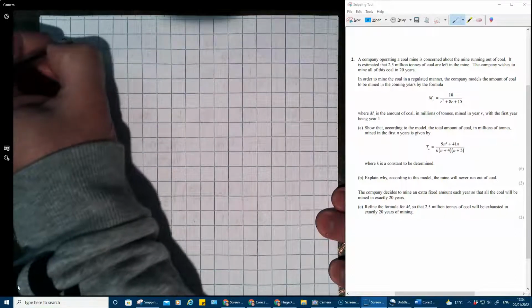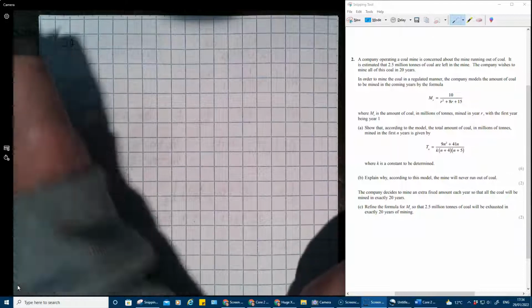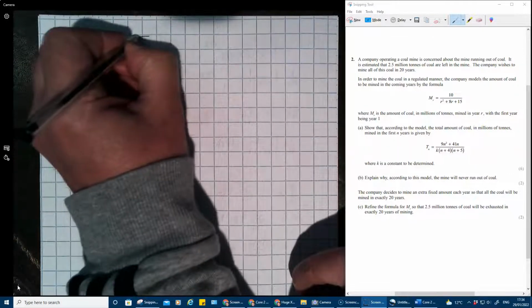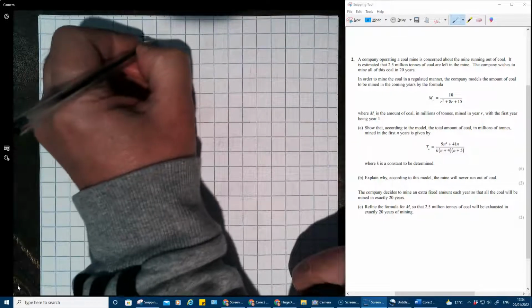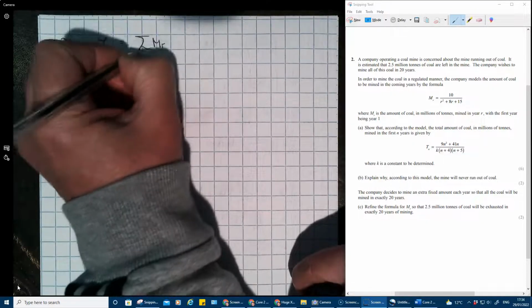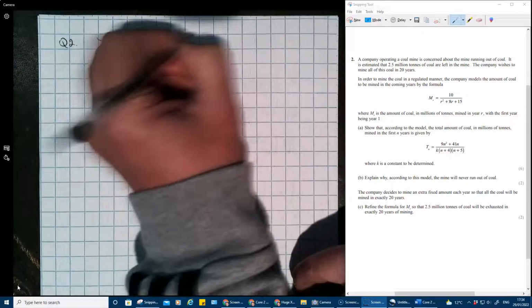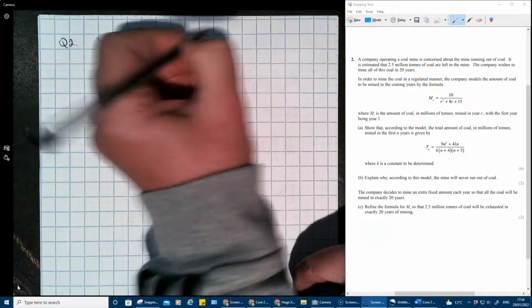Okay, question number 2. So the total amount mined is the sum of MR, where R equals 1 to N. In this case, we're told how much is mined each year.